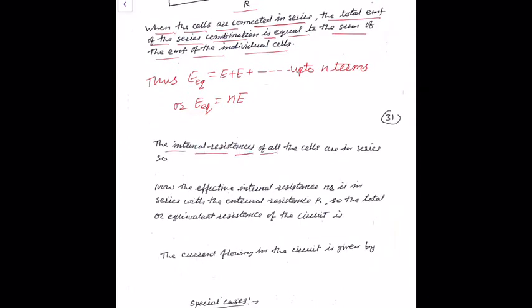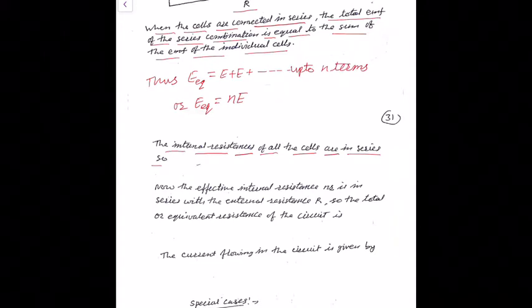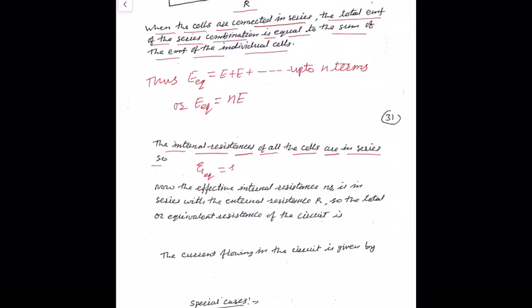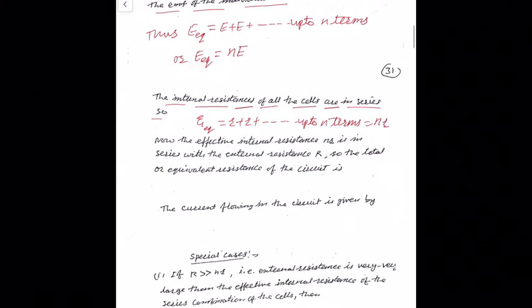The internal resistances of all the cells are in series, so r equivalent is equal to r plus r, up to n terms, is equal to n times r.